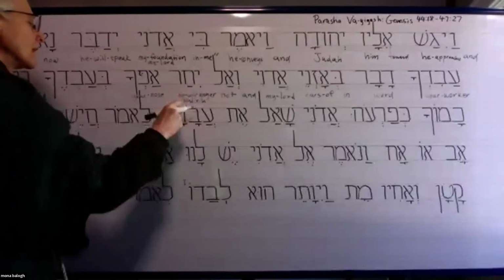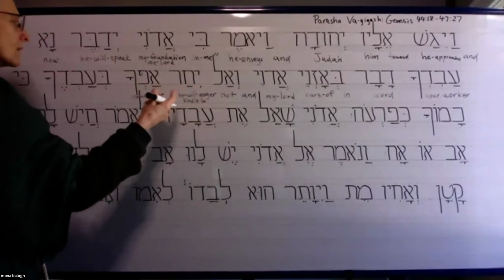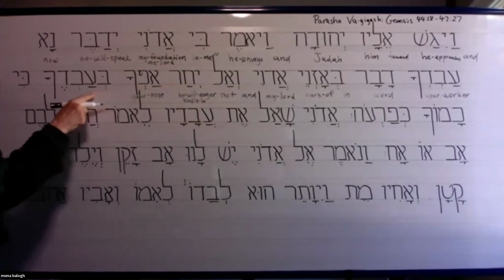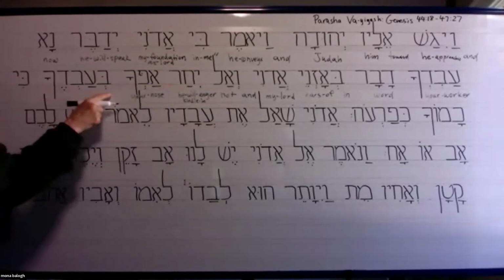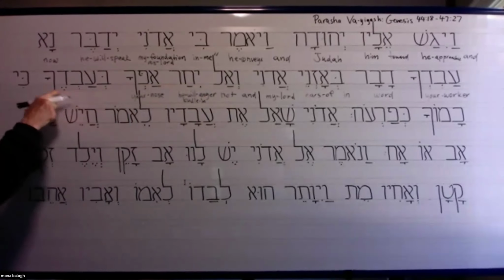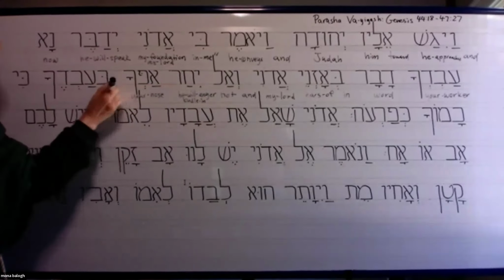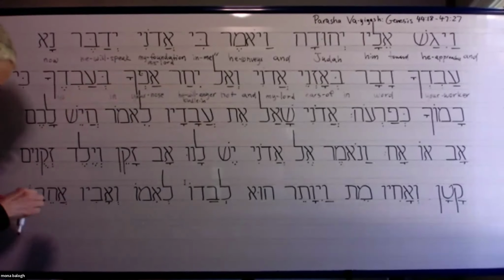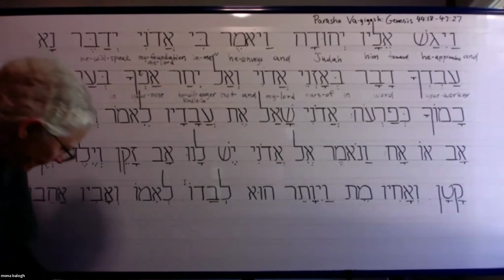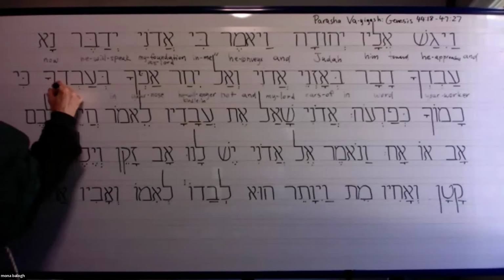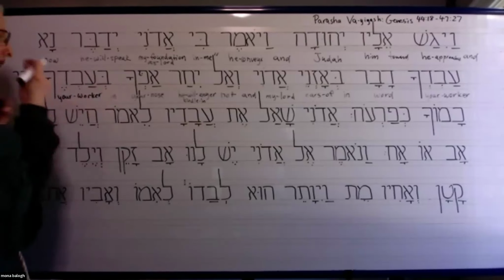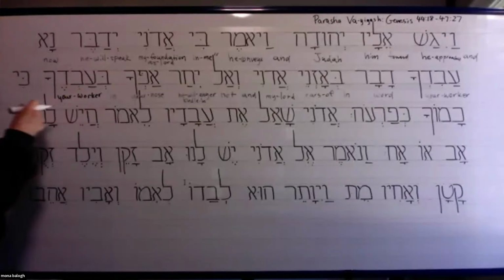So you will not kindle anger in your nose, or your nose will not kindle anger. Be avdecha. Be is in, eved is worker, and the cha is your. In your worker. So don't flare your nostrils like a dragon, please.